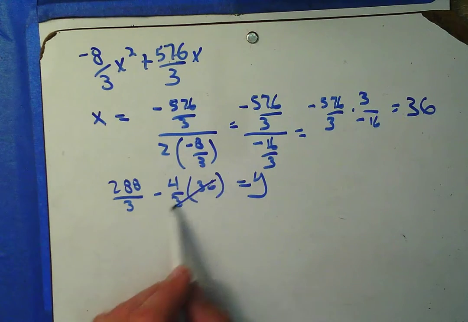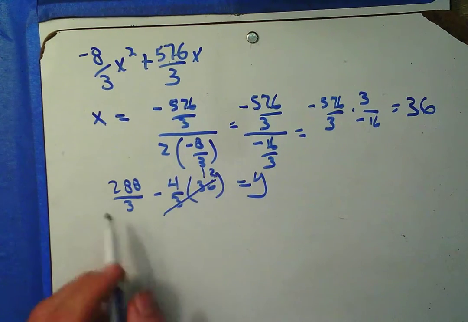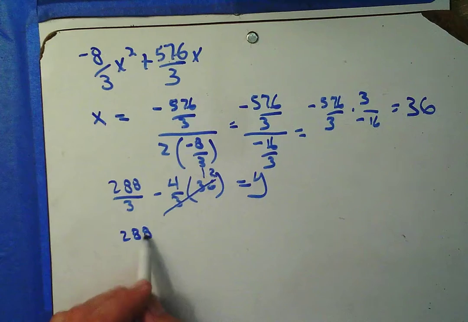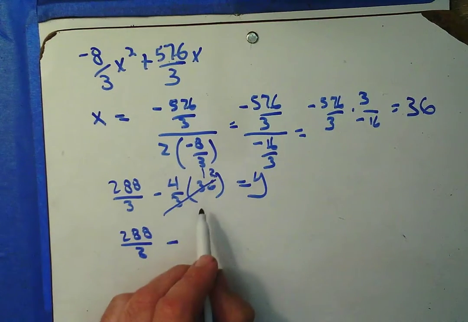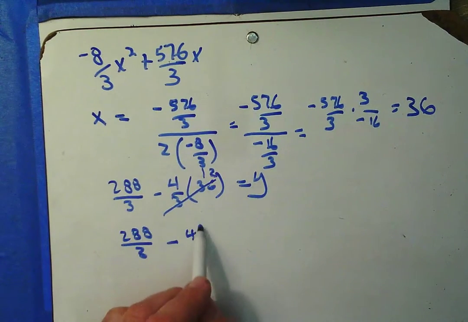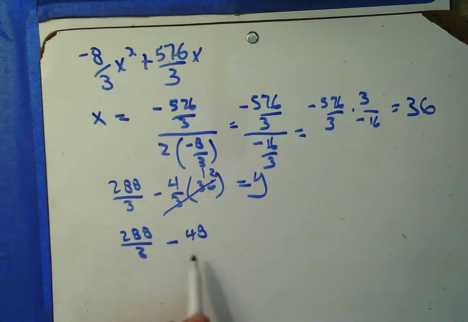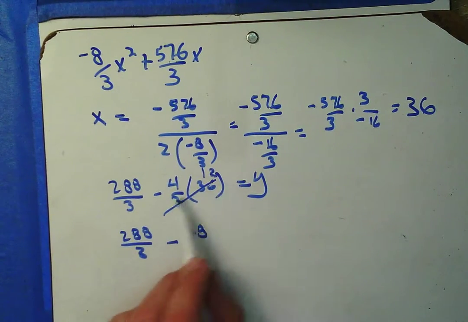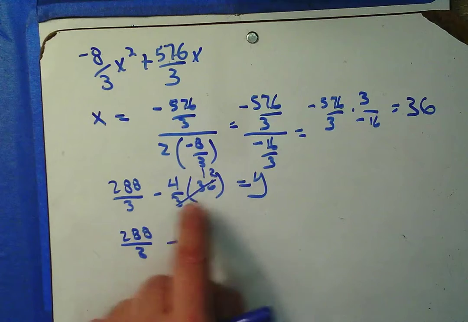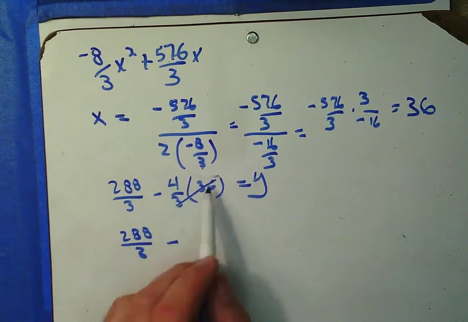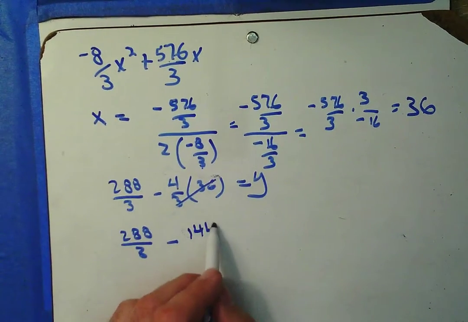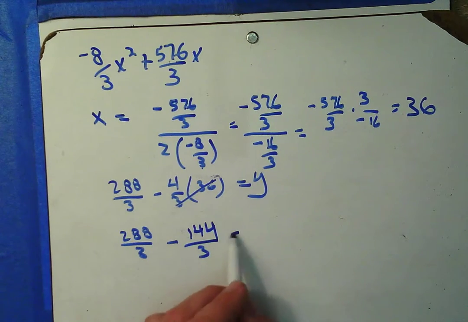Well, I can see that there's a little simplifying here. And so I'm going to have 288 over 3 minus 48. You know, I kind of wish we had the common denominator, so I'm not actually going to do that canceling. I'm going to keep it and say 36 times 4 is 144 over 3.